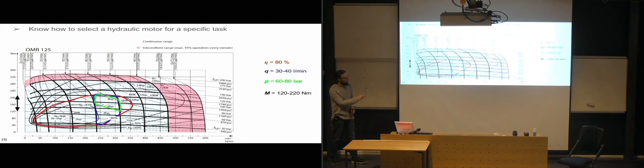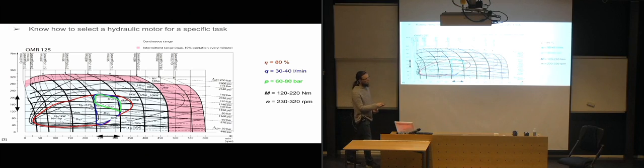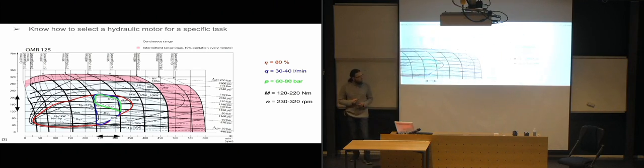That left us in this area, which meant that we have somewhere between 120 and 220 Newton meters to choose from, and somewhere between 230 and 320 RPMs to choose from, because then we are inside this green part here.